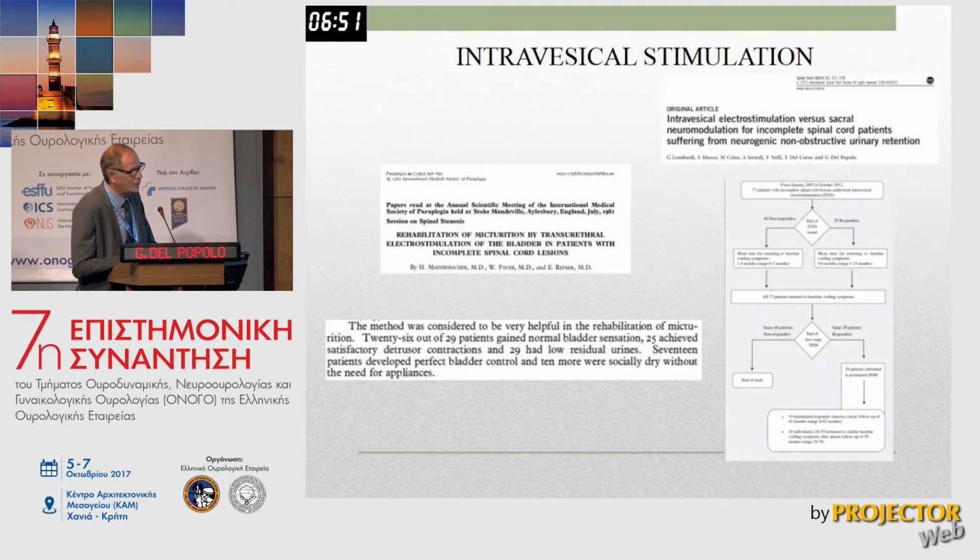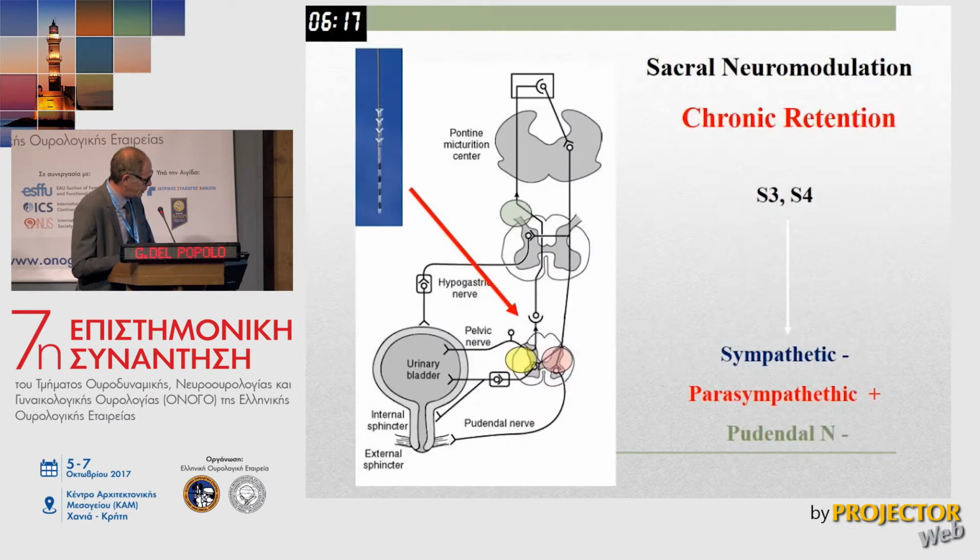And as you know, intravesical electrostimulation needs to be repeated over time, every year or maybe every 2 years, after which they shift from intravesical to sacral neuromodulation. What we found is that people who are responders to intravesical stimulation are usually also good responders to sacral neuromodulation, whereas people who are non-responders to IVES do not respond as well to sacral neuromodulation.